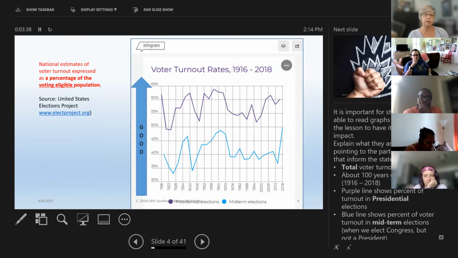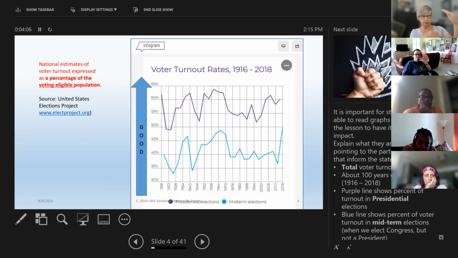So we go from 1916 to 1922 to 1928. That means sometimes you're seeing the results of a midterm election and sometimes the result of a presidential election. You'll notice that up the vertical axis, this does not begin at 0 and it does not end at 100. So what happens when you see only a portion of the graph like that is that sometimes it appears the results are exaggerated.